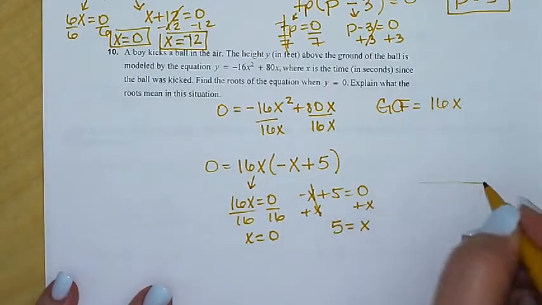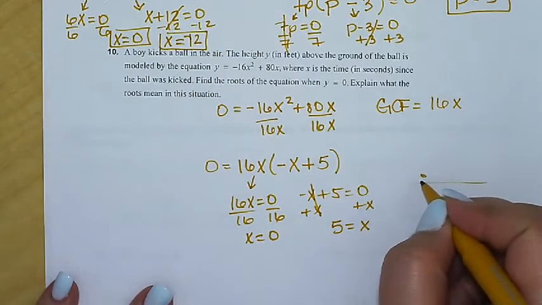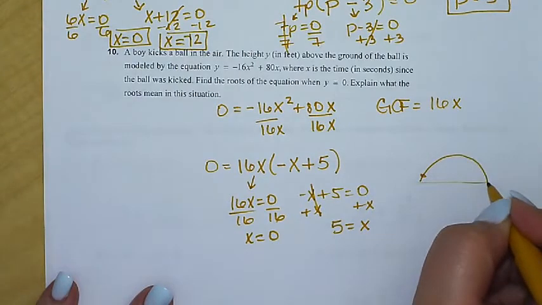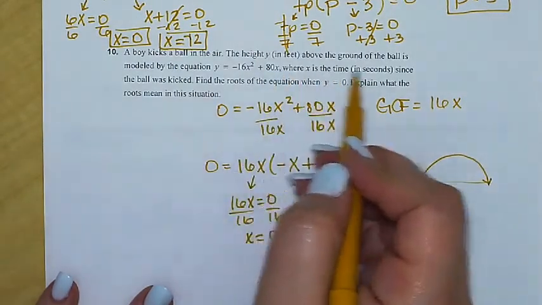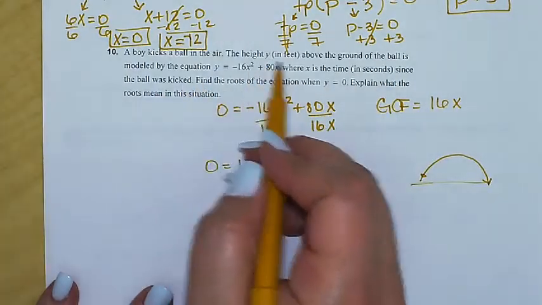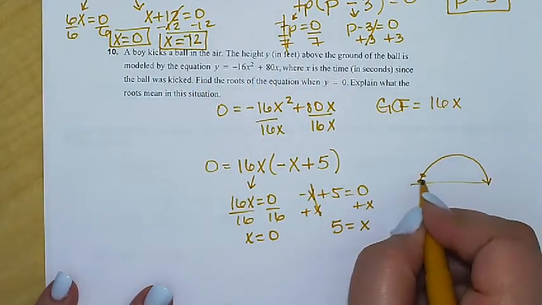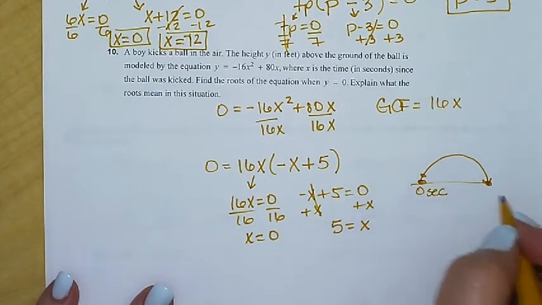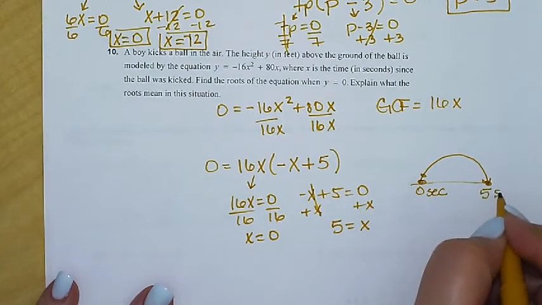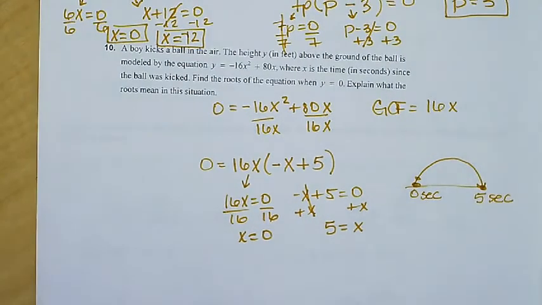Think about it. You have this ball on the ground and the person kicks it, right? If x is the time in seconds since the ball was kicked and y is the height, it would make sense that these two intercepts would tell me at 0 seconds the ball was on the ground, or was at 0 height, and at 5 seconds the ball was at 0 height.